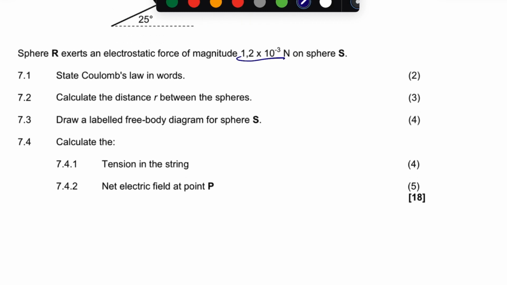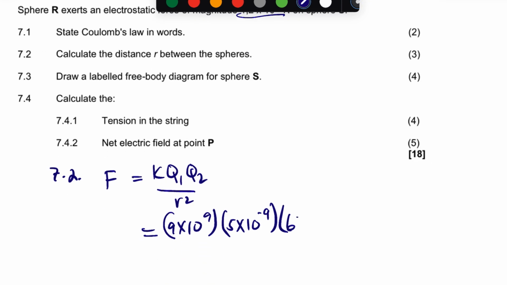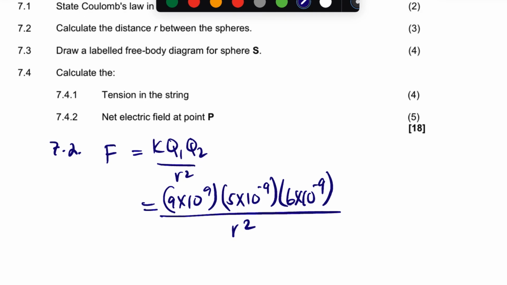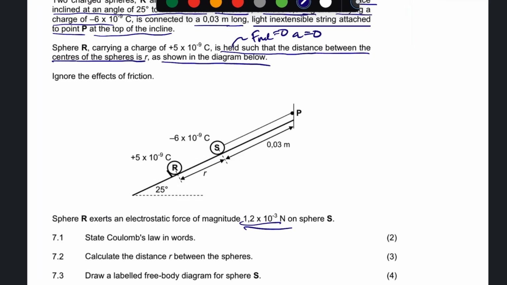So what we're going to do at 7.2, we'll say force is equal to K Q1 Q2 over R squared, and then our K is a constant as always, and then the R charge is 5 times 10 to the power negative 9, and S is 6 times 10 to the power negative 9, and then we divide by the distance that is unknown, and then we substitute the force that we're given there, which is 1.2 times 10 to the power negative 3, and then we cross multiply there.